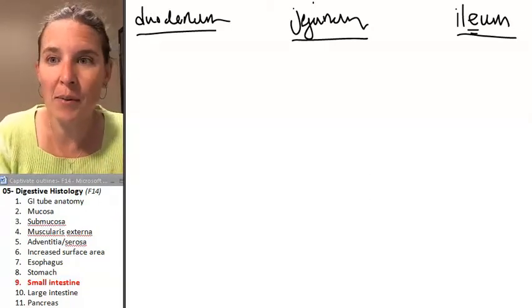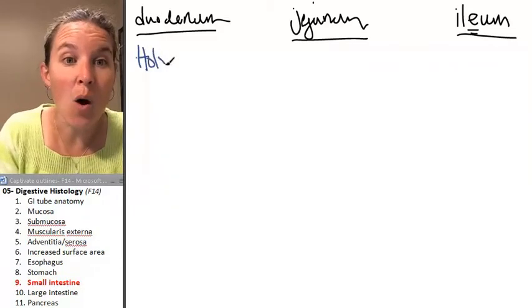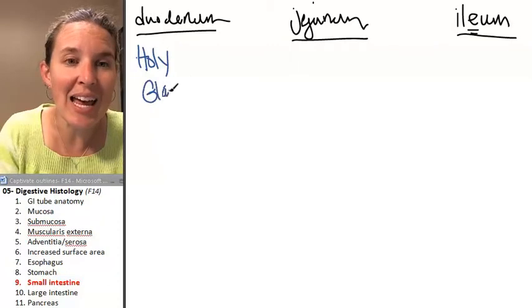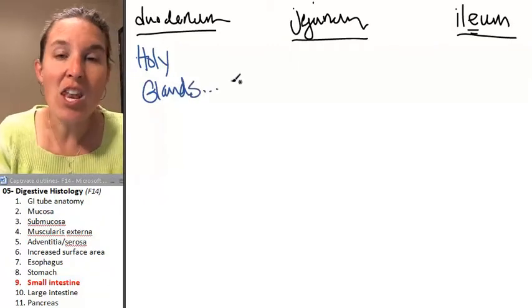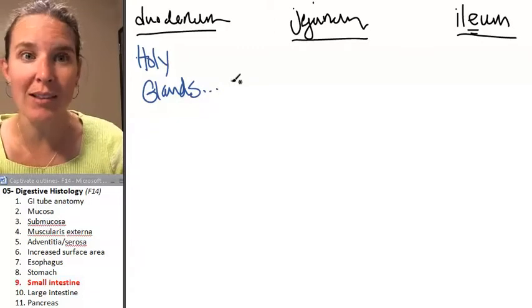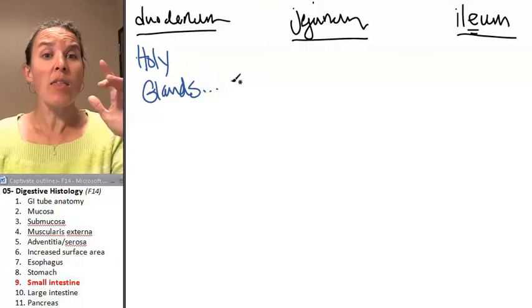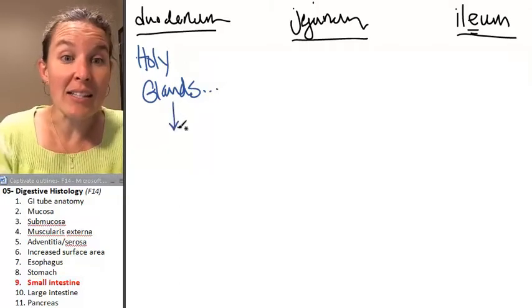In the duodenum, in fact, I'm writing that down, holy glands, not in the mucosa, not in the lamina propria like in the stomach. The stomach was full of glands. These glands are in the submucosa.